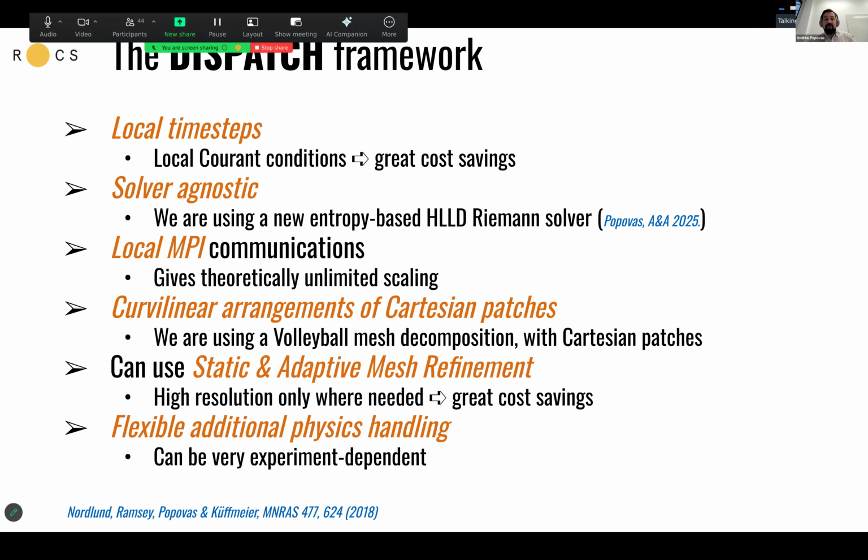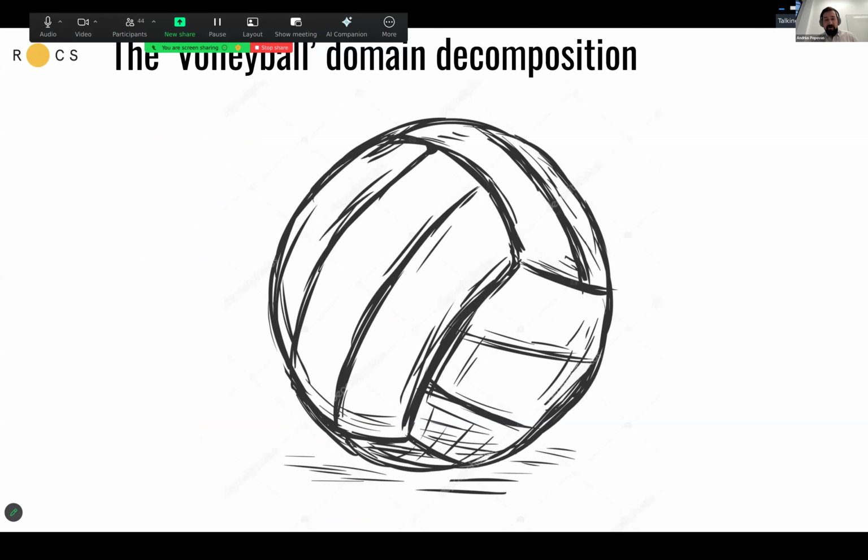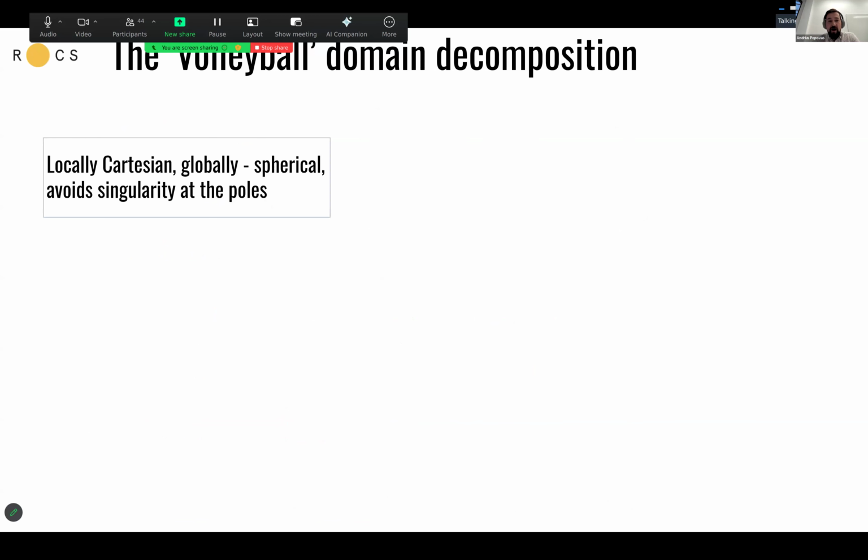It can also have static and adaptive mesh refinement, which is also helpful with cutting costs. And lastly, we can always add additional physics, which is relatively simple.